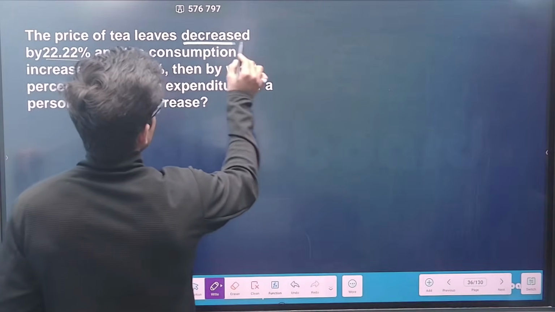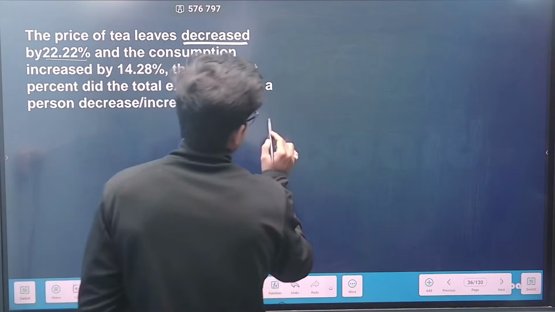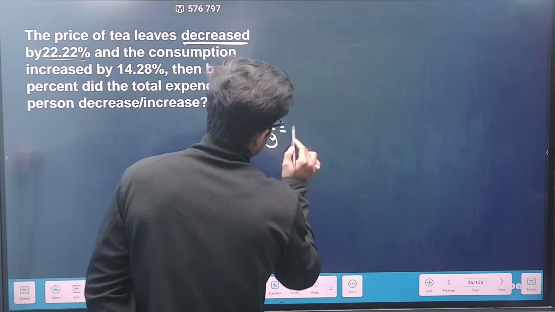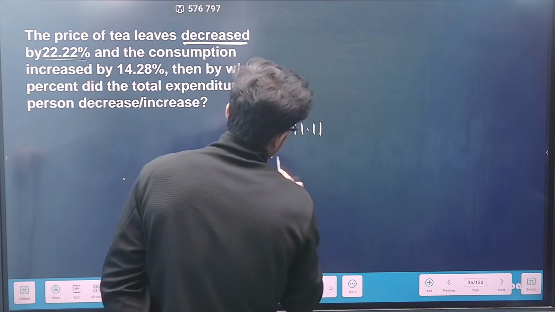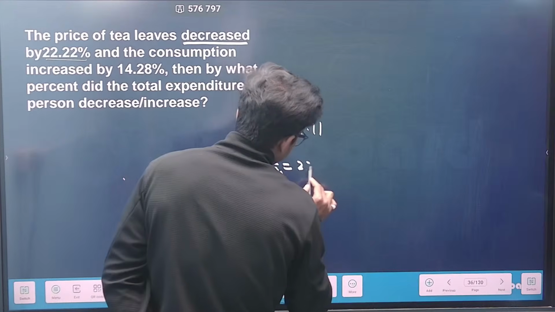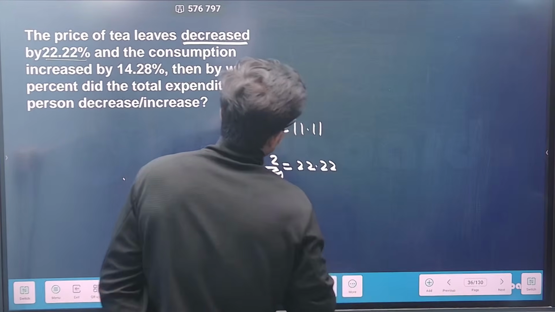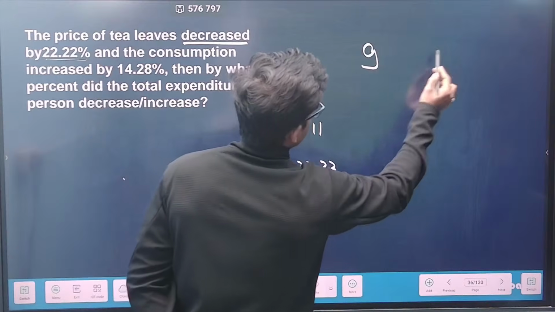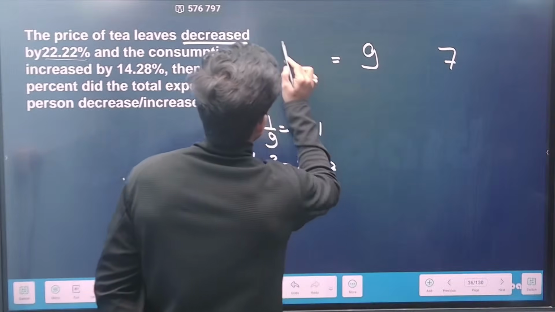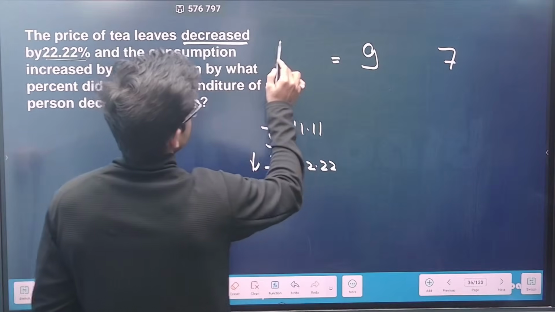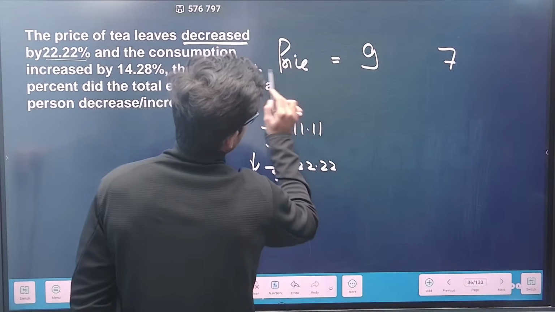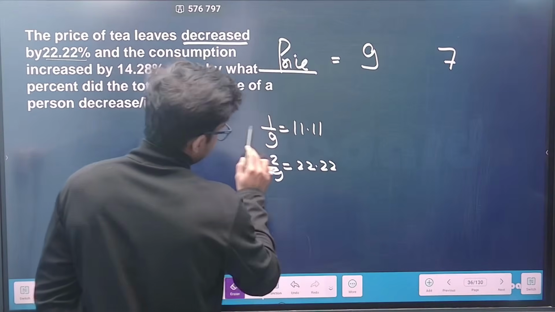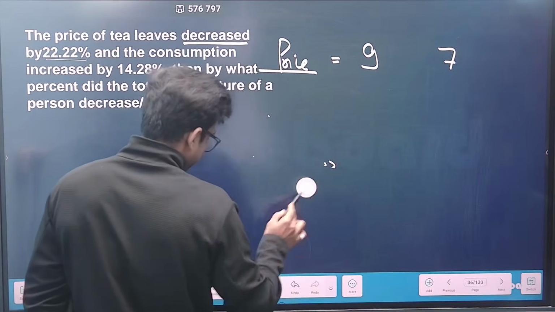There's a decrease of 12.99. So 1 by 9 is basically 11.11, so 2 by 9 would become 22.22. But there's a decrease. Decrease means the initial value was 9, now it becomes 7. The price, yes?